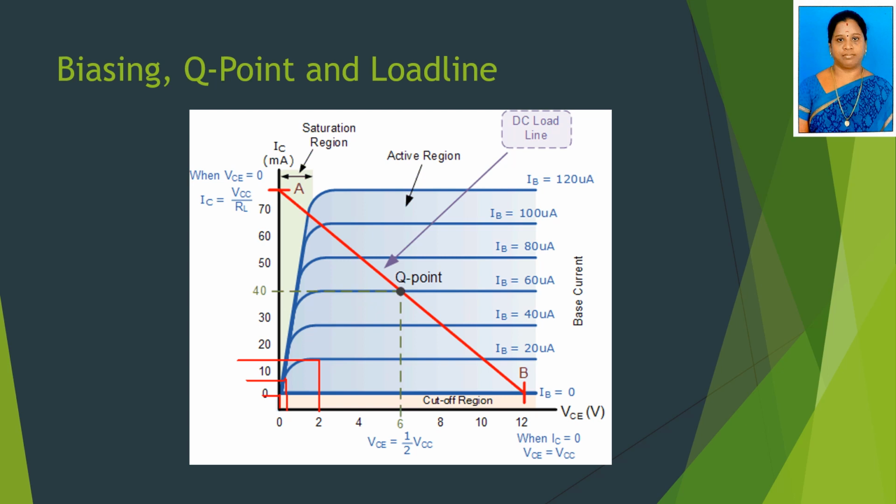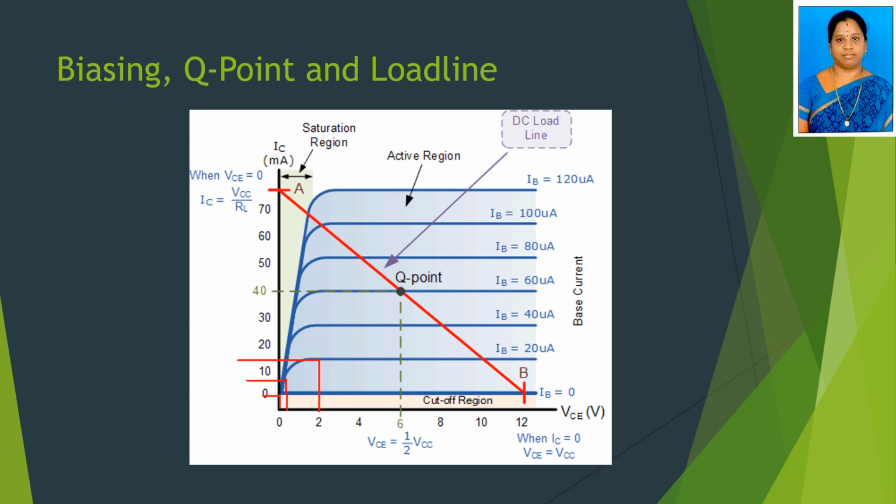That BJT we have to operate in the active region. For that we need the DC supply. So that DC supply is given to the BJT in order to make the transistor work in the active region. That is called biasing. So the definition is, biasing means the process of giving the DC supply or external supply to the BJT in order to make it an amplifier.